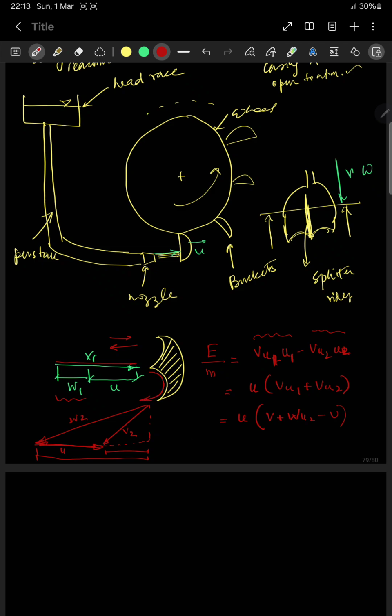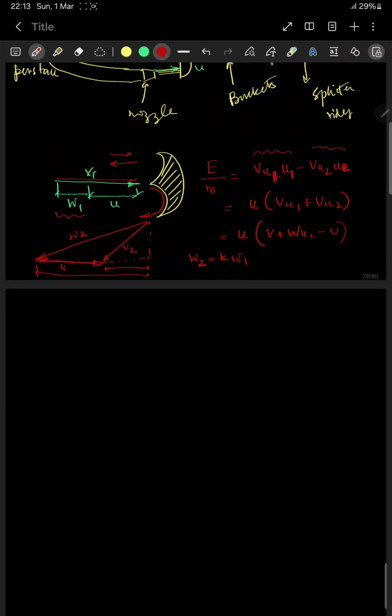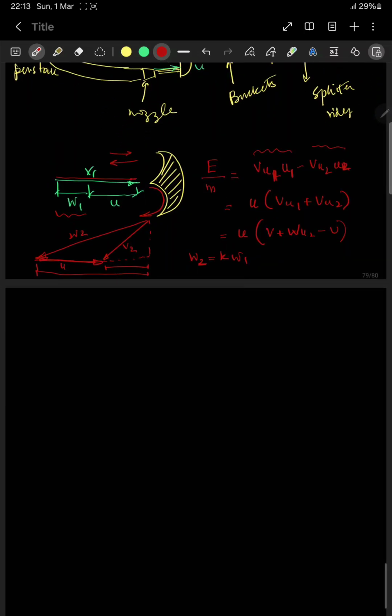So w2 is equal to K into w1, where K is the friction factor, friction between the water and the blade. And w_u2 is equal to w2 cos beta2.